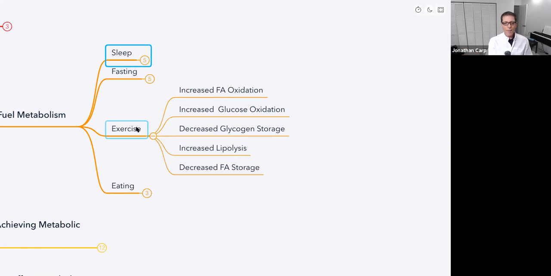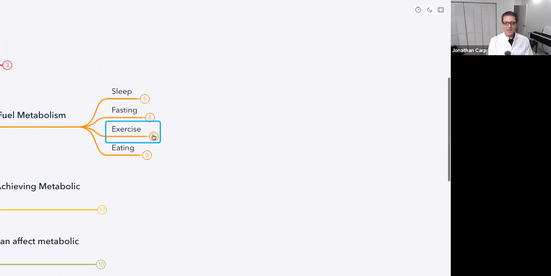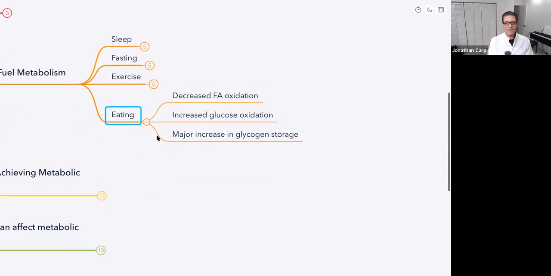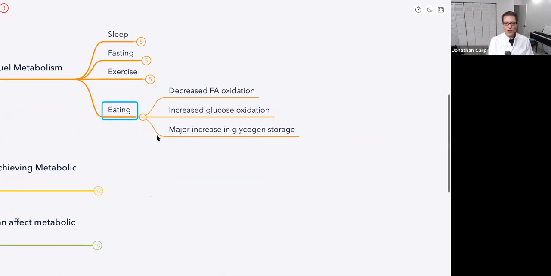So I hope you understand the context of what we're talking about here. This is what's going on with exercise. Now, let's talk about what happens with eating. You're going to get decreased fatty acid oxidation, increased glucose oxidation, and a major increase in glycogen storage, obviously.